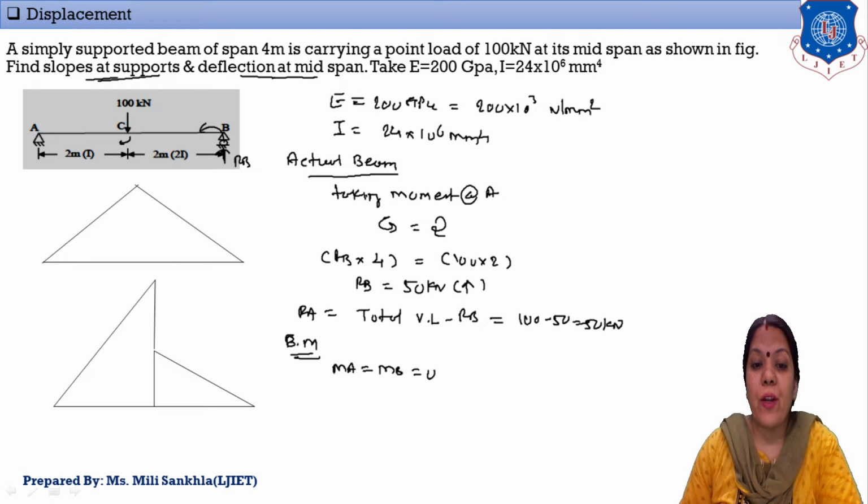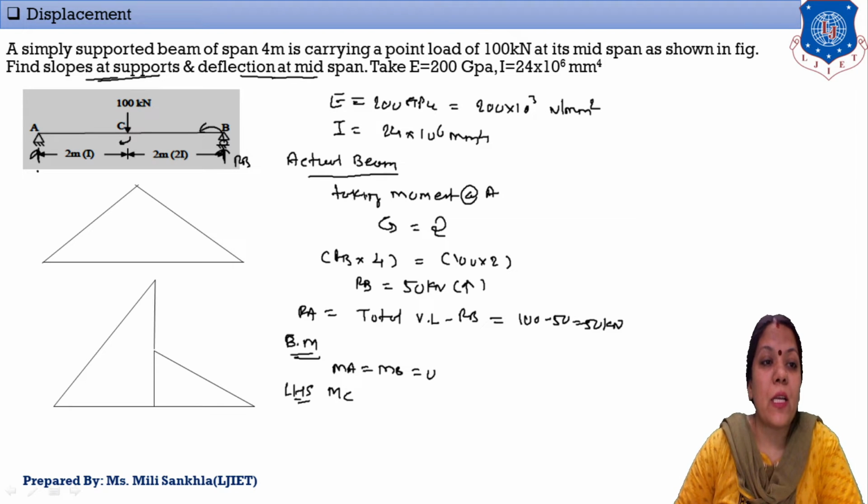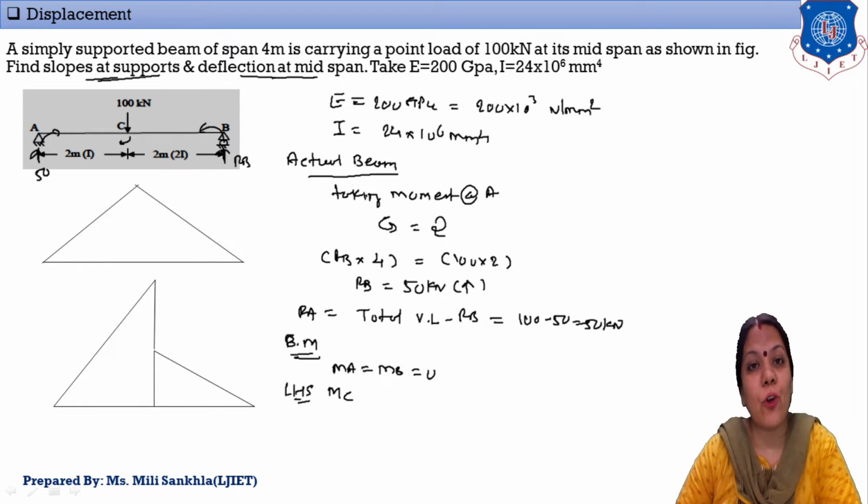Now we find out moment at C, and I find this moment from the left hand side. We take support reaction RA, 50, about C. This is rotated in clockwise direction, and on the left hand side clockwise is positive, so MC is 50 into 2, equal to 100 kilonewton meter.